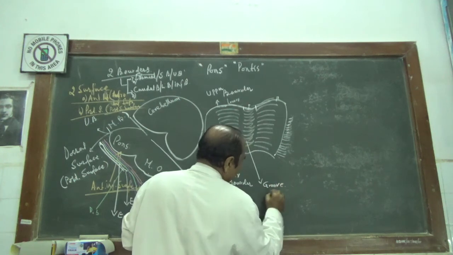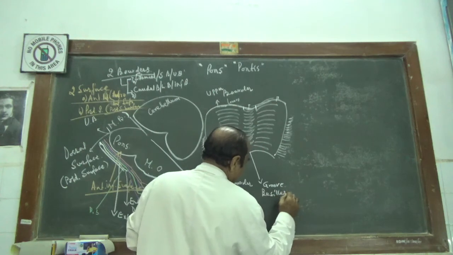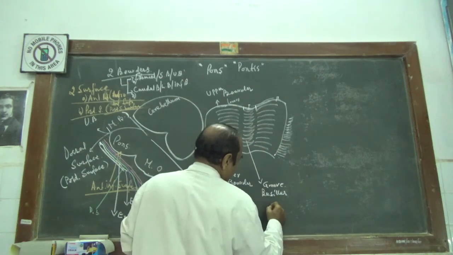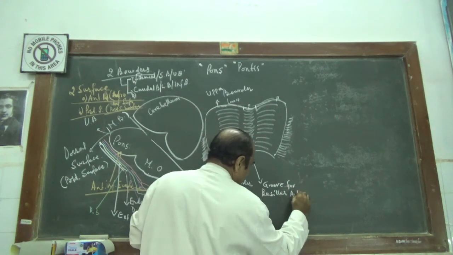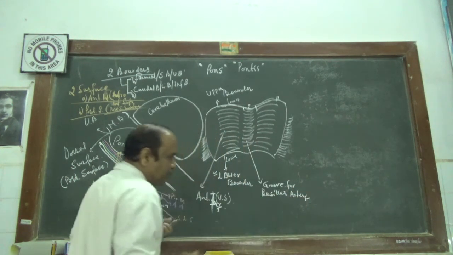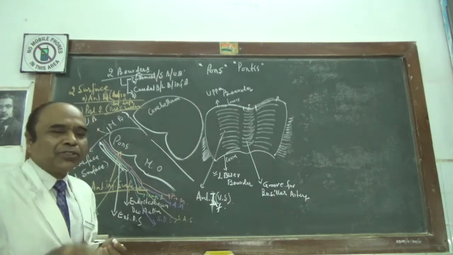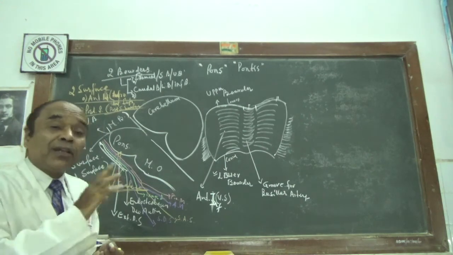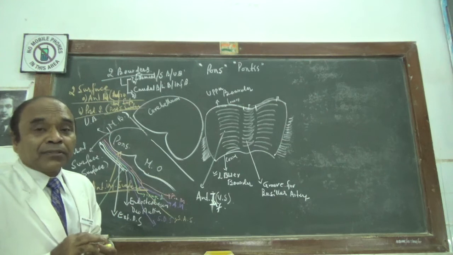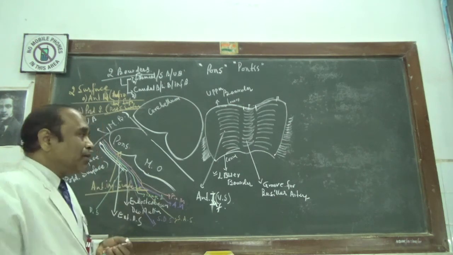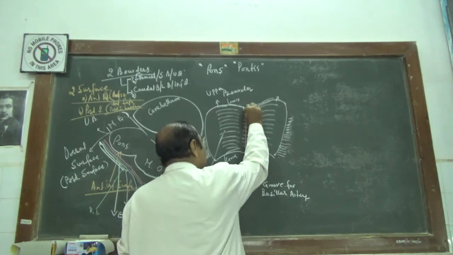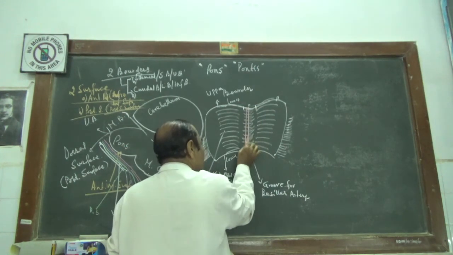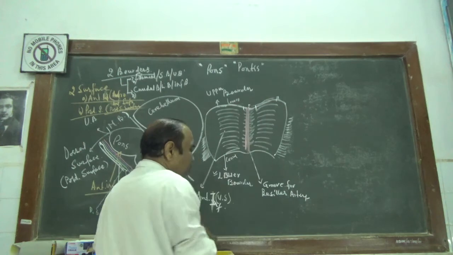Now this groove is called the basilar groove, or groove for the basilar artery, which is the continuation of the vertebral arteries. When the vertebral arteries join, the basilar artery will lodge into this.